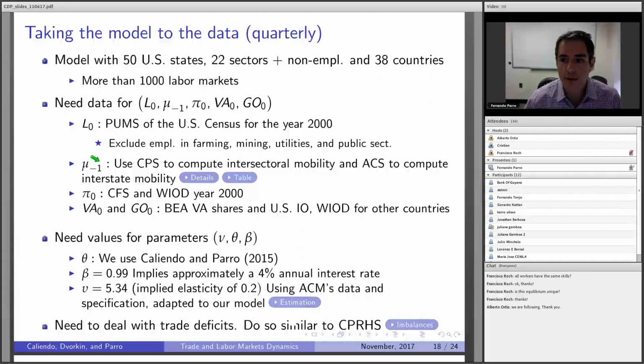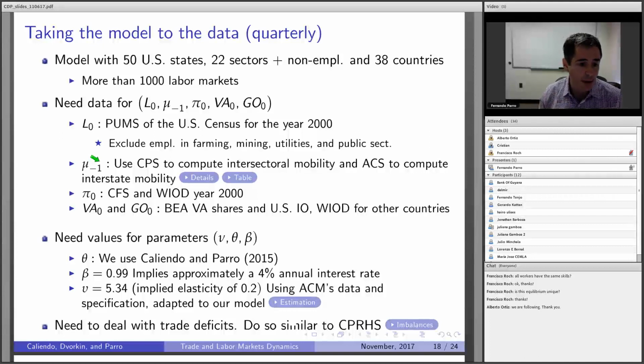I'm not going to stay here too long, but in the paper we have a lot of details on how we construct all these initial allocations. All the data sources are readily available and are pretty standard. The initial distribution of employment is from the US Census.